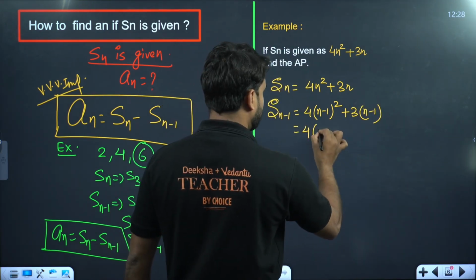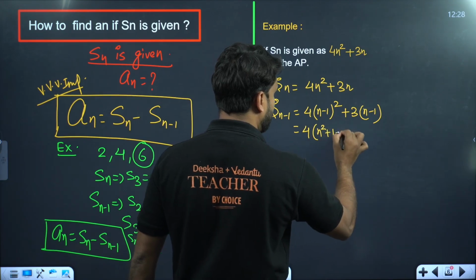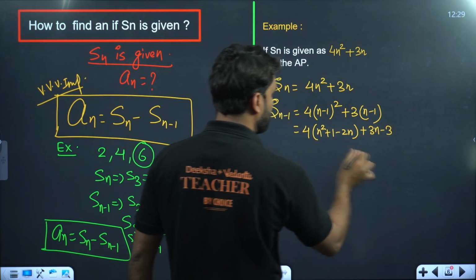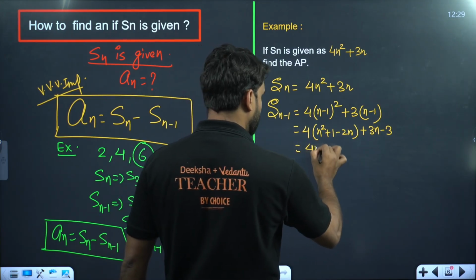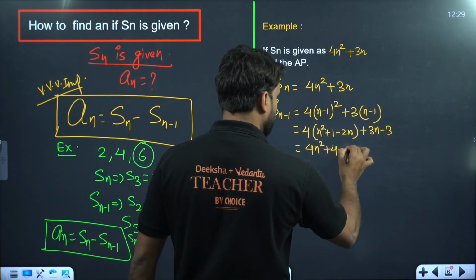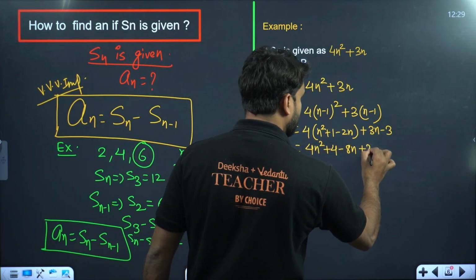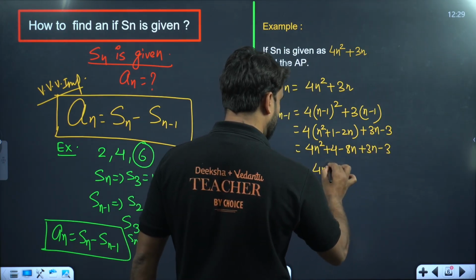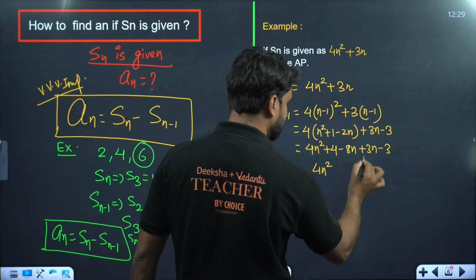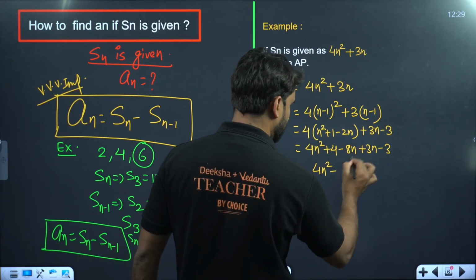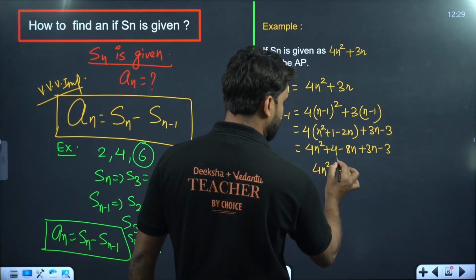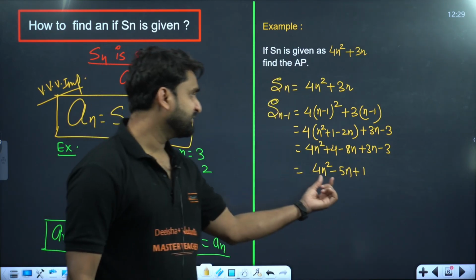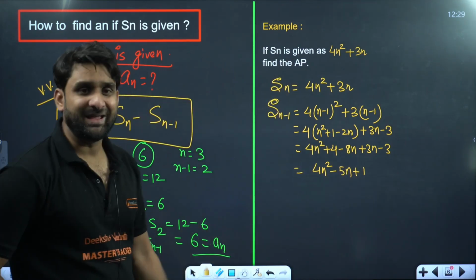Using a minus b whole square, a square plus b square minus 2ab, and opening the bracket, 3n minus 3. Now solve: 4n square, 4 into 2 is 8, so minus 8n, plus 3n minus 3. So minus 8n plus 3n will be minus 5n, and plus 4 minus 3 will be plus 1. So 4n square minus 5n plus 1 will be Sn minus 1.